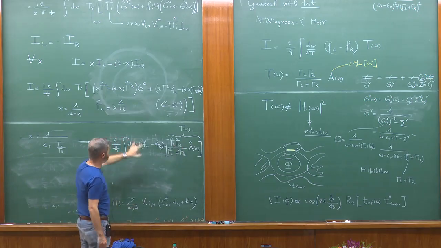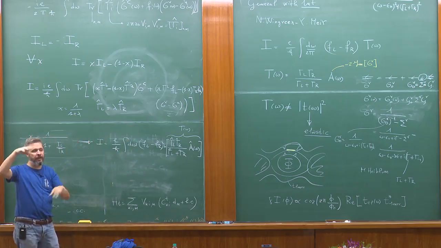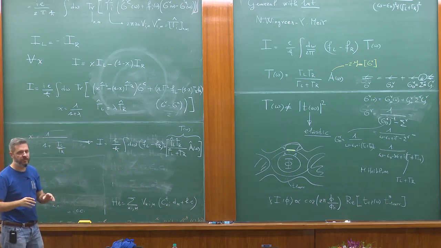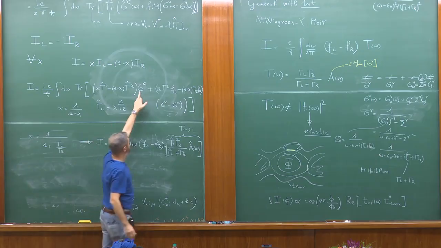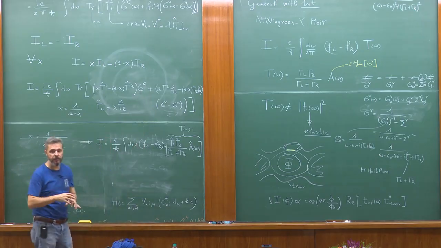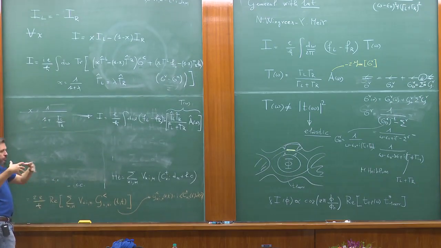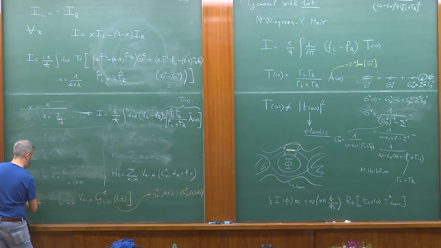Now, this is not always true, because there are certain situations in which you have more than one level and the tunneling matrix elements are combined in such a way that, well, I don't want to enter details, but because of interference effects you have to know the occupation of your levels within the dot in order to compute the current. It's not charge accumulation, it's nothing special, it's just interference due to various channels that move inside the dot. Yes? Some question? No. But this is the end of the story, I think.